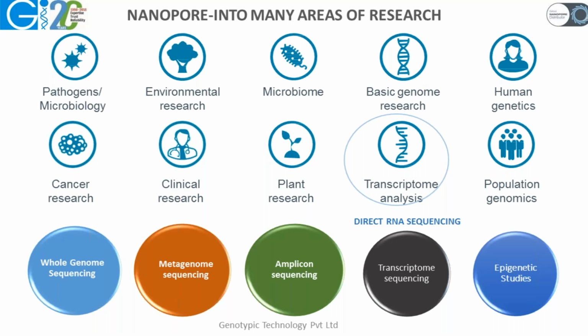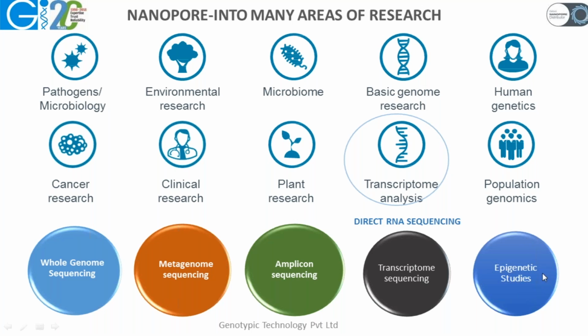Then metagenome sequencing, like from environmental samples. You can do targeted sequencing, like PCR-based sequencing, using this. Transcriptome sequencing, where you can look for fusion genes in the case of cancer and things like that. Apart from that, this is the only technology where you can look at direct DNA or RNA sequencing and look at RNA-based modifications.